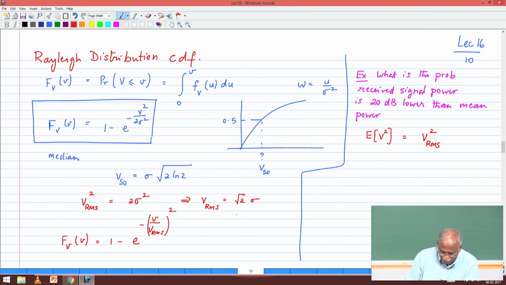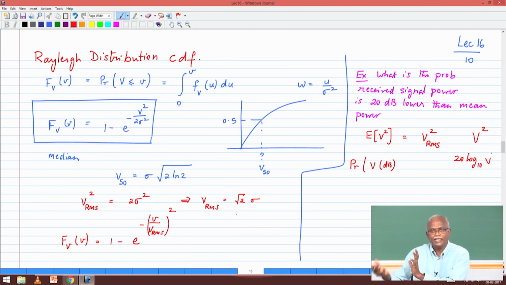Now the question that is being asked is, what is the probability that the instantaneous received signal power, which is proportional to V squared, is such that V expressed in dB, by which I mean 20 log base 10 of V, is less than or equal to Vrms expressed in dB minus 20?